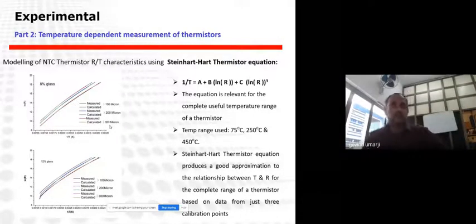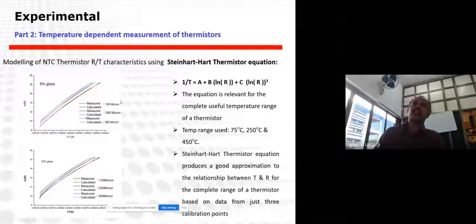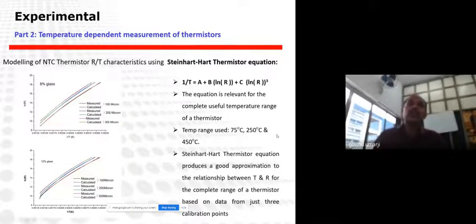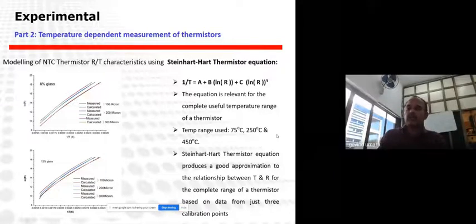We have done some modeling by taking the Steinhart equation. In order to have a prototype, we need to have some ABC values given to the microcontroller.